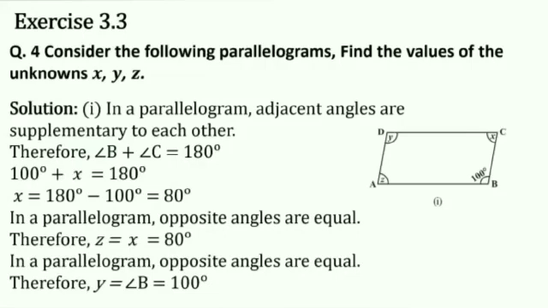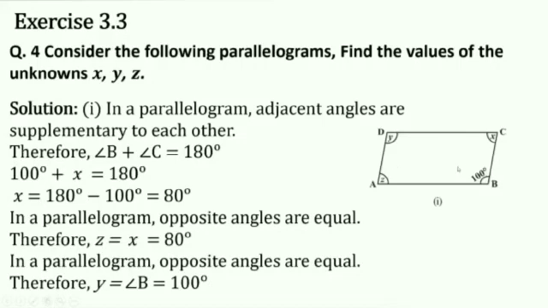Supplementary means the sum of two adjacent angles of a parallelogram is 180 degrees. Angle B is 100 degrees, and C is the adjacent angle as well as A is the adjacent angle. So we can write x plus 100 is equal to 180. So x is equal to 80 degrees.